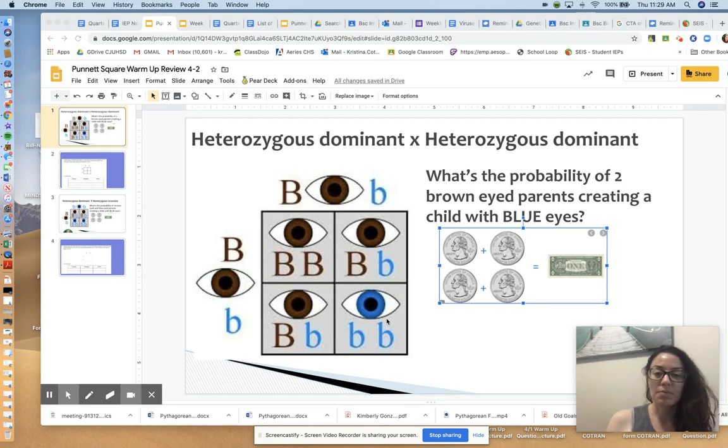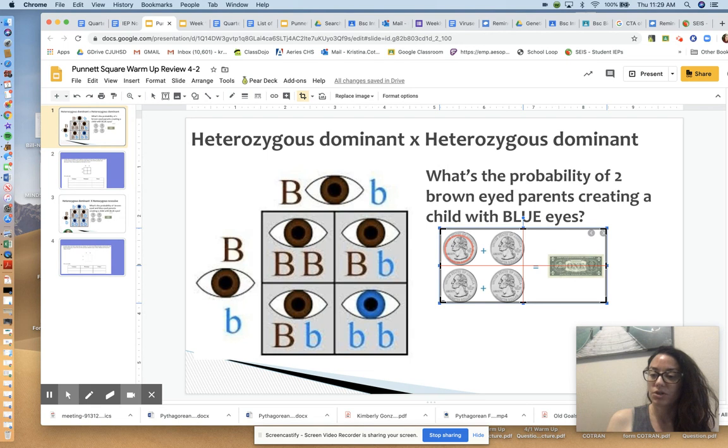I want you to think about a Punnett square as the total possibility is 100%, right? So when we look at the probabilities, pretend like 100% is a dollar. So look at this dollar right here. If we cut a dollar in four, we have quarters, right?